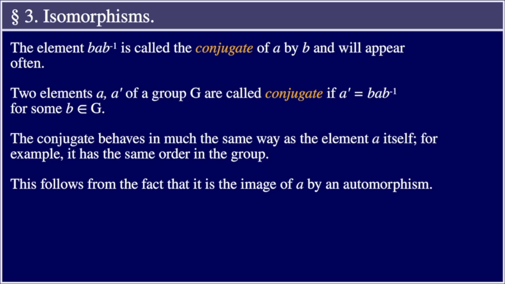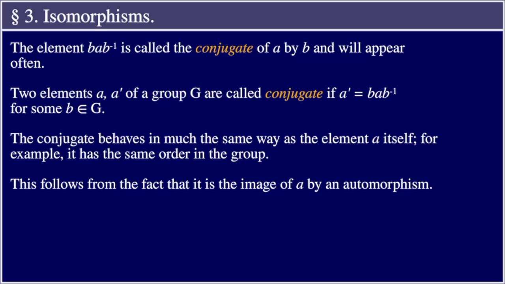The element b a b inverse is called the conjugate of a by b and will appear often. Two elements a and a prime of a group G are called conjugate if a prime is equal to b a b inverse for some b a member of G. The conjugate behaves in much the same way as the element a itself. For example, it has the same order in the group.